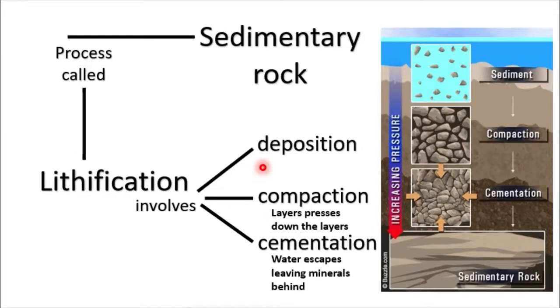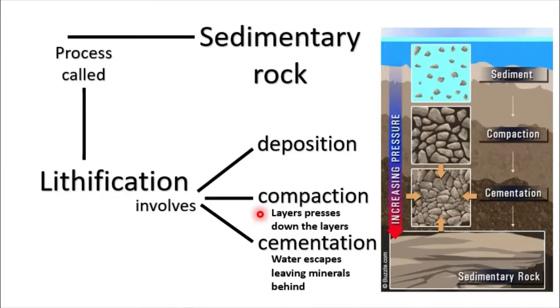And later on, the second component is the compaction. So all those deposited materials along with the organic debris will be compressed or compacted as a geological process with respect to time. So all of those layers will be covered by another layer until such time that the pressure is enough to press all those layers beneath.